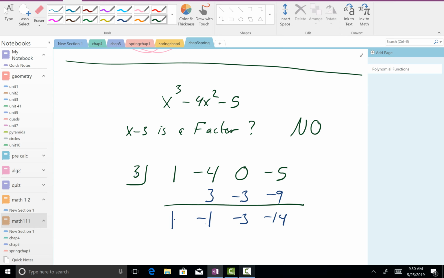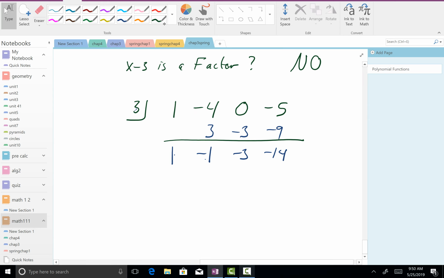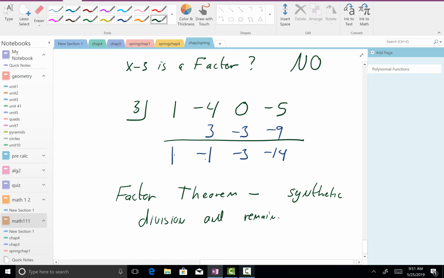And what the factor theorem says, basically, is if you do synthetic division, and the remainder is 0, then whatever you divided it by, we'll call that the divisor, I guess, is a factor.